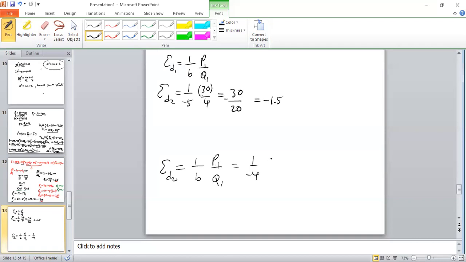And what's our P? 20. Our Q, 2.5. What do we get? 20 over 10, and that gives us negative 2.